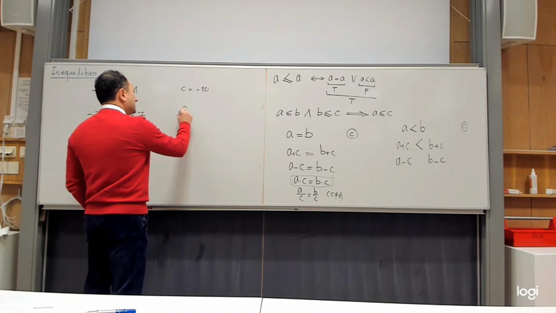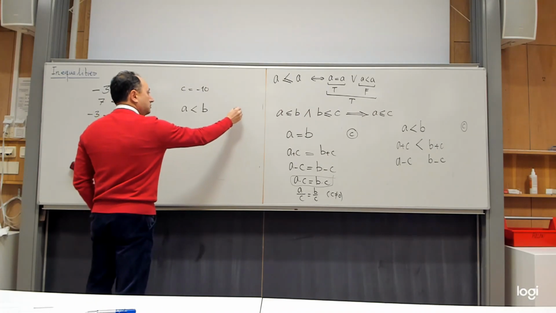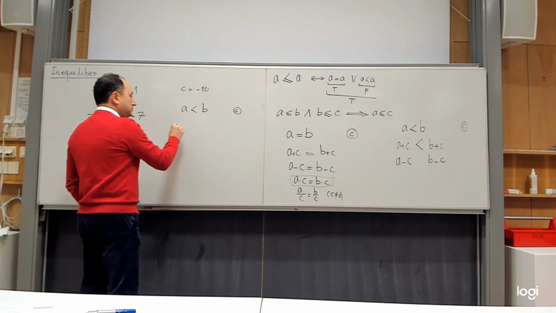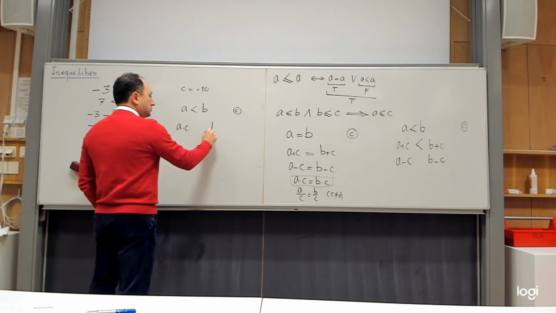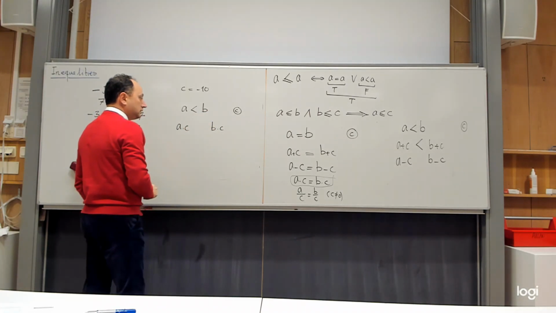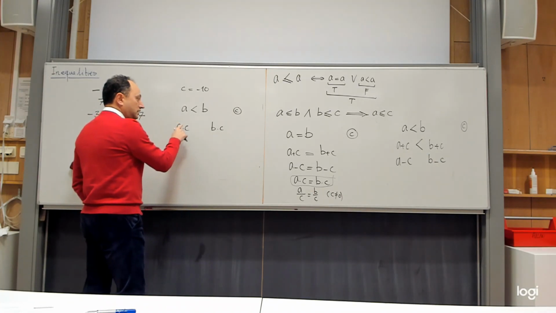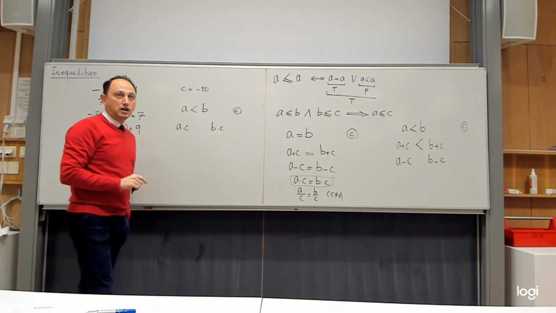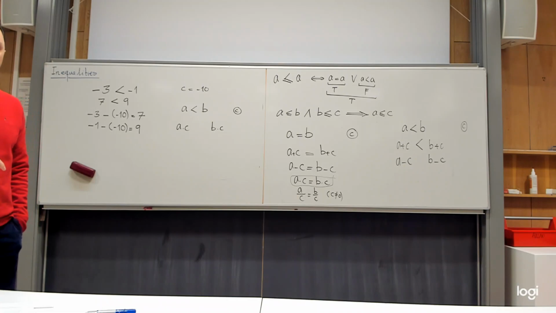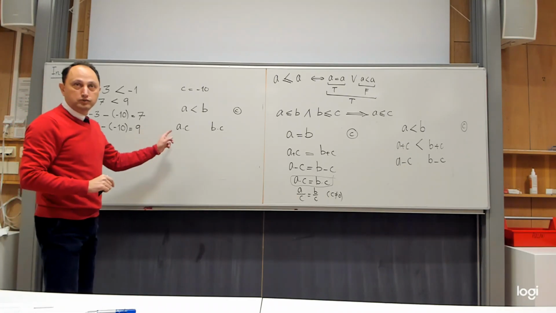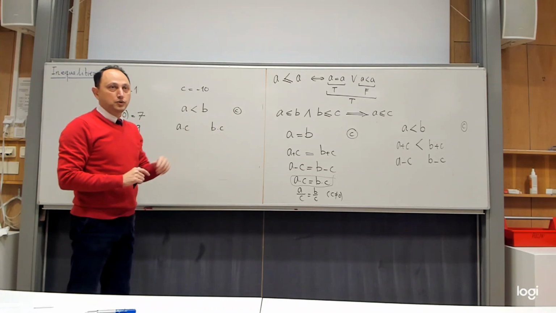If I tell you that A is less than B, and I give you a fixed number C, and I multiply the left-hand side by that number and the right-hand side by that number, can I guarantee that the left-hand side is still smaller than the right-hand side? The answer to this is no, and that is the reason that you brought up. The answer is no, because if C is negative, this is not going to work.